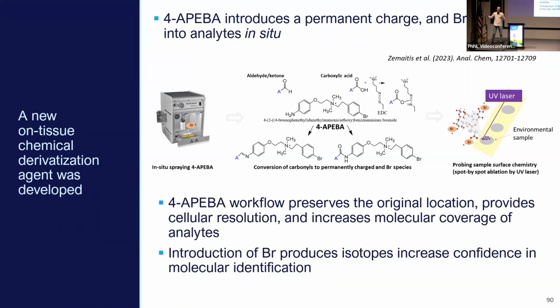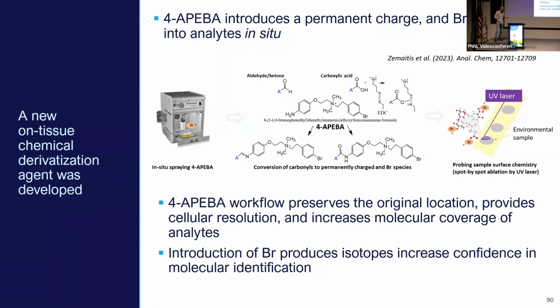We increase the mass of the molecule, so we bypass those challenges for the analysis of really low molecular weight compounds. But also, as you can see, we introduce a quaternary ammonium ion there, a permanent charge, into molecules, so we boost the sensitivity for analytes that are low abundant, and also by having bromine in the molecule, you will see later, on the 2 slides after this, that we bring additional confidence in molecular annotation.